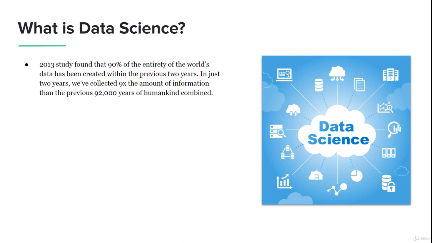There are so many new data points and so much new information being created that businesses need to understand how to use this data and sift through it, so it's useful for making objective decisions that will ultimately increase the bottom line of the business.